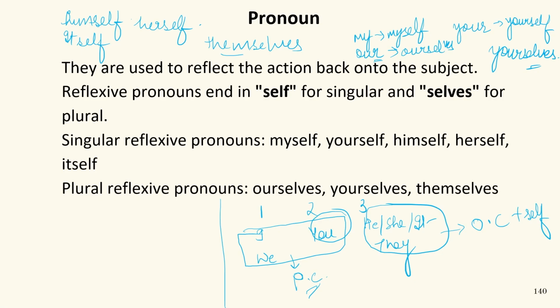So in this session, we have learned the pattern of the reflexive pronoun, how to write a reflexive pronoun, and what the reflexive pronoun actually is. A reflexive pronoun is the reflection of the subject, and to add the word self with any pronoun, we need its possessive case or objective case.